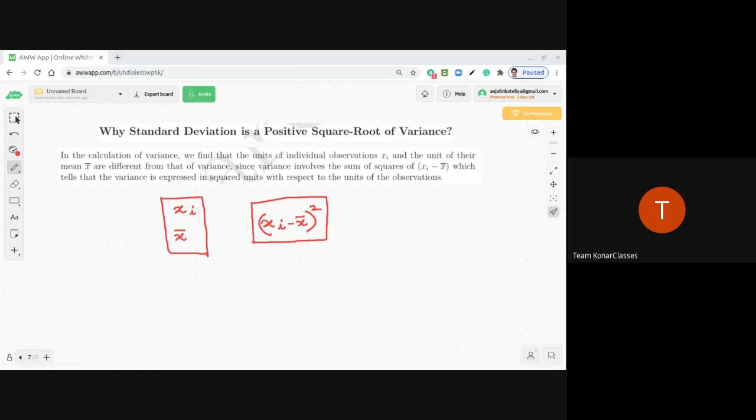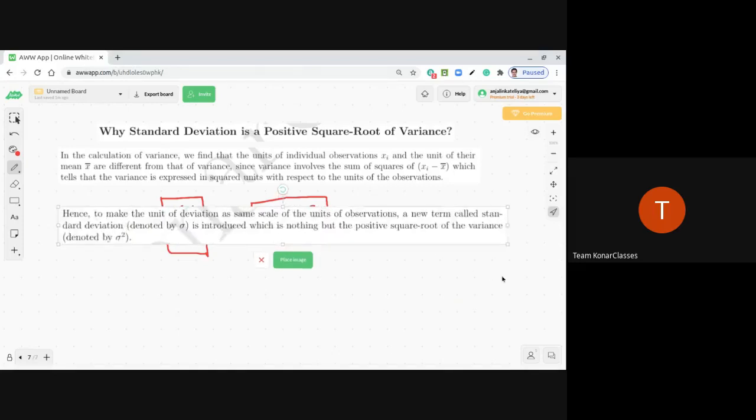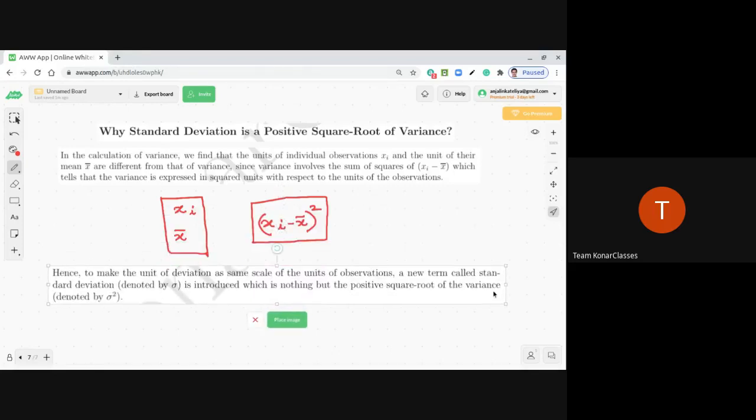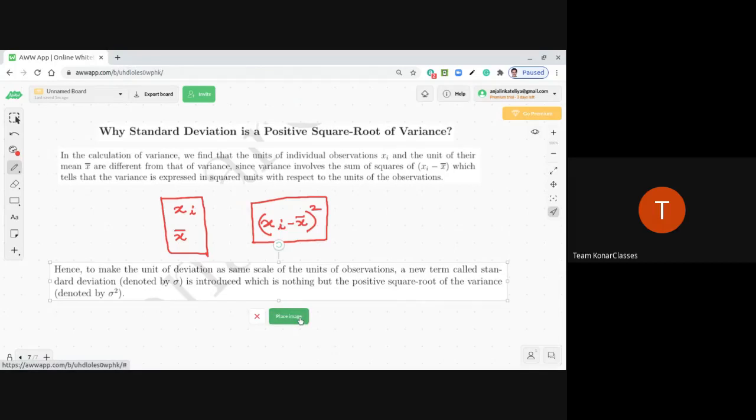But for looking at a distribution, either the variance or standard deviation can be used. But this is the exact justification why standard deviation is required despite having variance, and why standard deviation is a positive square root of the variance.